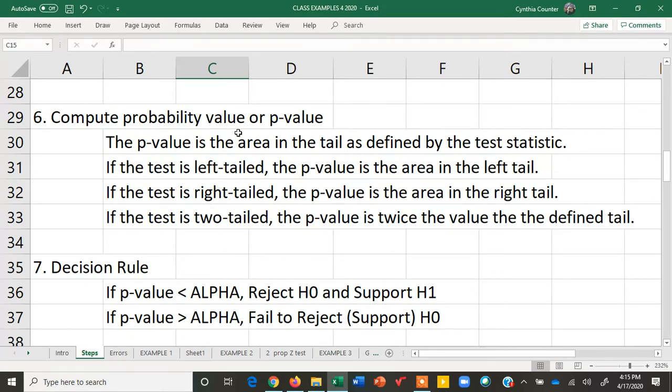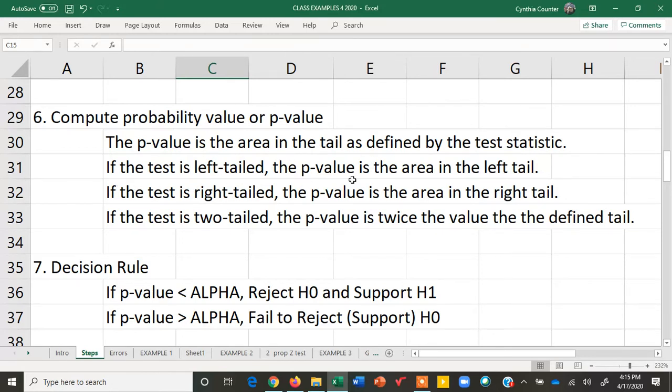And this is the probability of actually obtaining a value as extreme as the one we computed from our data. So it is the area in the tail as defined by our test statistic computed from our data or sample statistic.